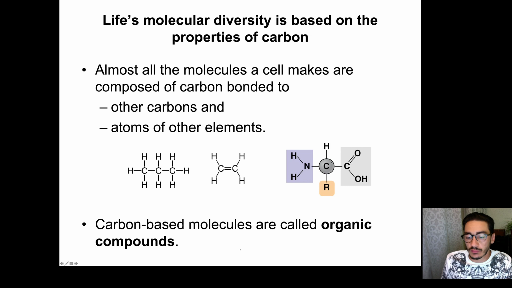But carbon is one of the most important. Any molecule which has carbon is called an organic compound, right? So most of the tissues we have, most of the molecules we have in our body, are organic, and they have carbon.